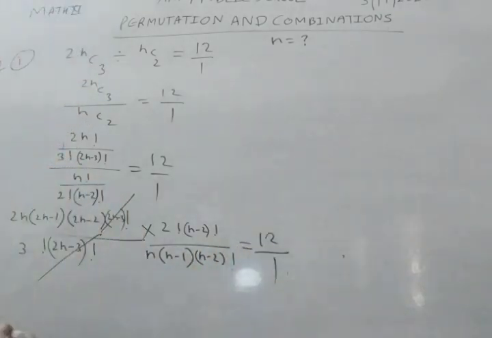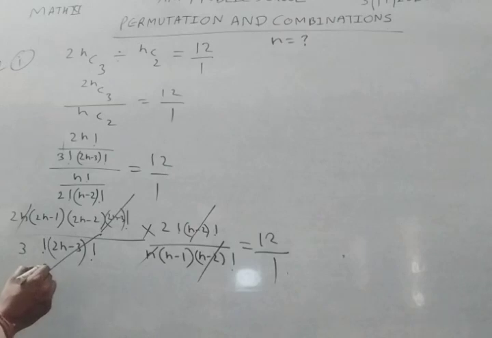Now we see that this term will cancel with this term, and this is equal to 12 by 1. This n will be cancelled by this n. We get 2, taking 2 outside, so here 2n minus 1.